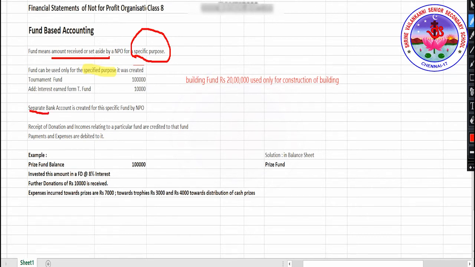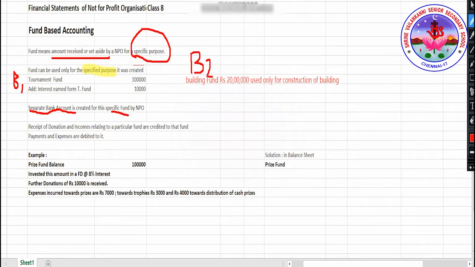A separate bank account is created for a specific fund. Whatever money you deposit for a specific fund, a separate bank account needs to be created. For example, bank account 1 for the tournament fund, and for the building fund you have bank account 2.